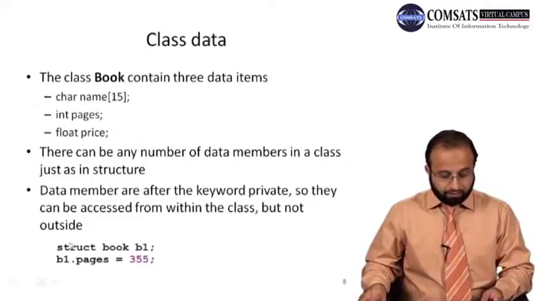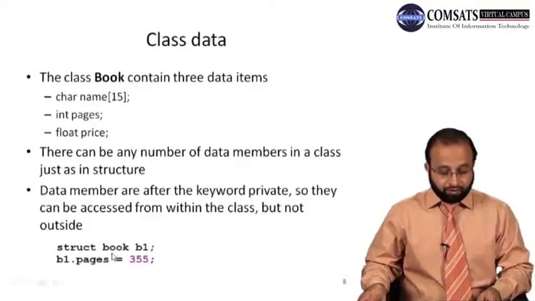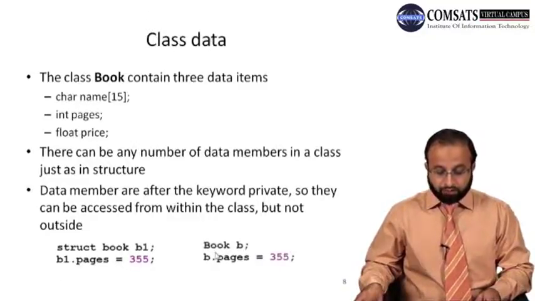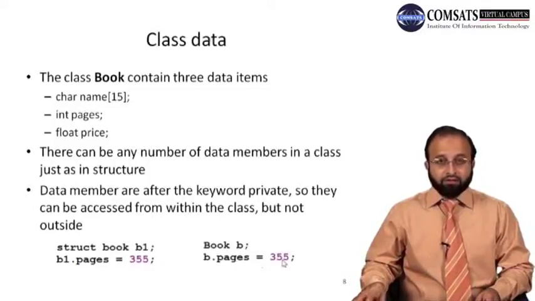Like this, we have a structure book. We can write struct book B1. We create a variable B1 whose type is struct book. So we can write B1 dot pages is equal to 355. That is perfectly fine. You can do this. But if we create an object B1 of the book class and write B1 dot pages is equal to 355, that is not possible.